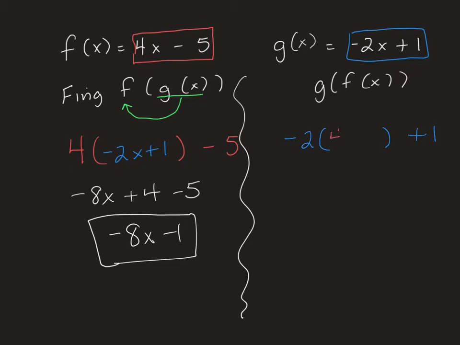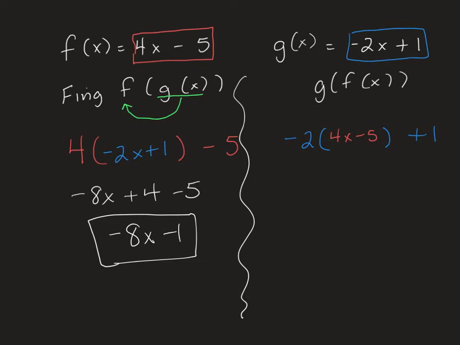And that something is 4x minus 5 because that's my f function. You see how I took all of my f function and I placed it right where the value would go. I find it easiest if I do the parentheses. I write out the entire equation, leaving parentheses where I need to plug something in.